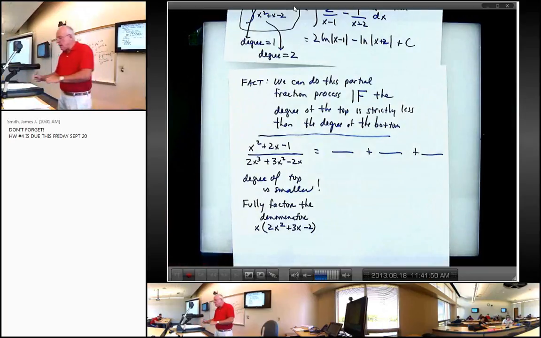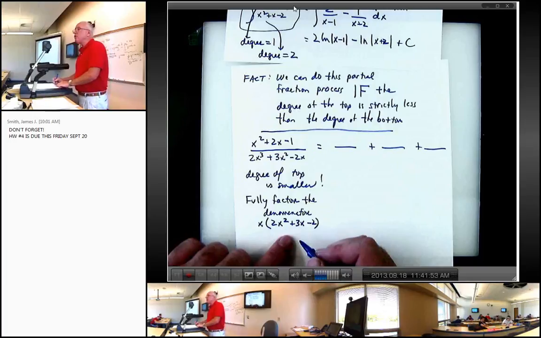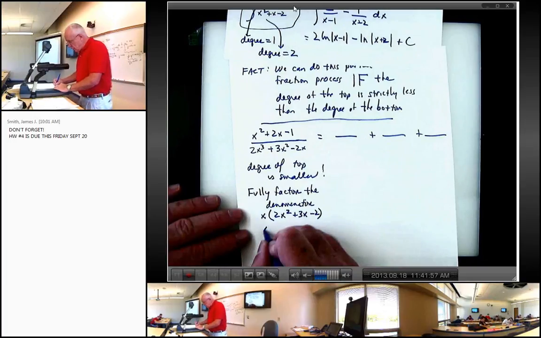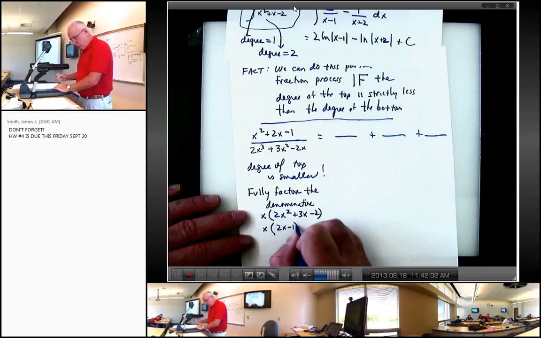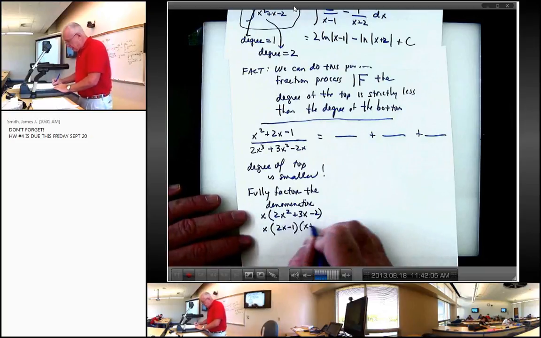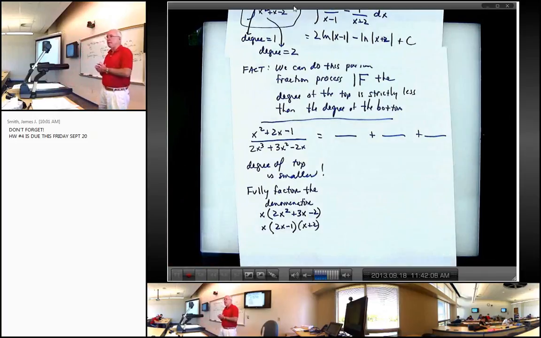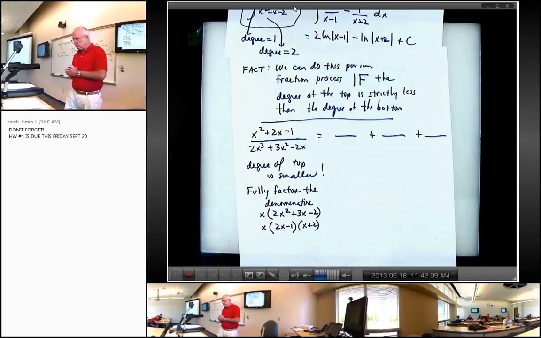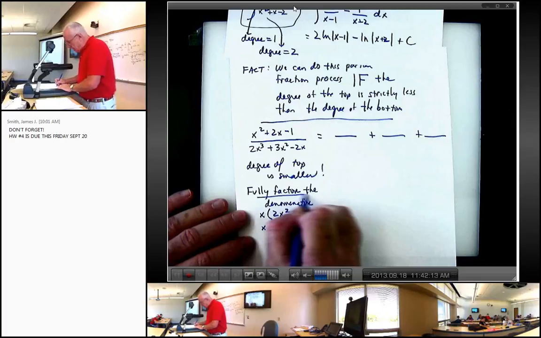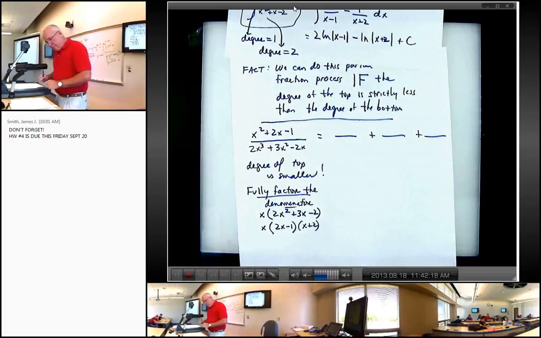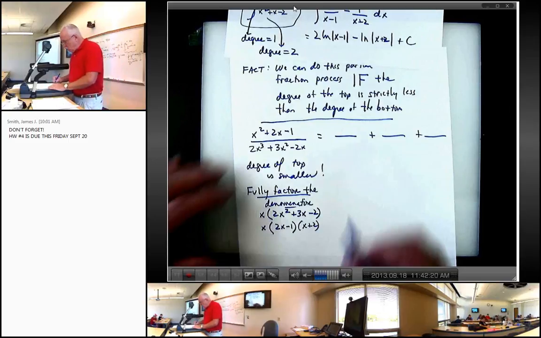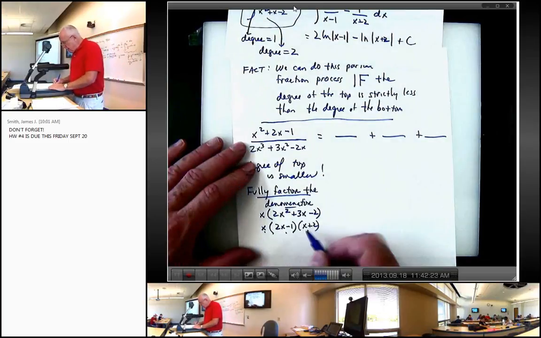Then by trial and error, I can factor what's in the parentheses: I still have my x, and the parentheses factors as 2x minus 1 times x plus 2. You can check that it does FOIL out. So we have to fully factor the denominator if it is not already presented as fully factored. Then we have 1, 2, 3 factors. In this case, there are 3 different factors.